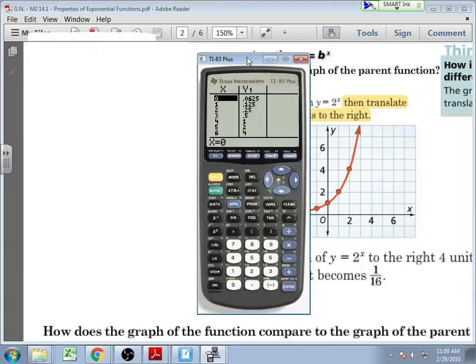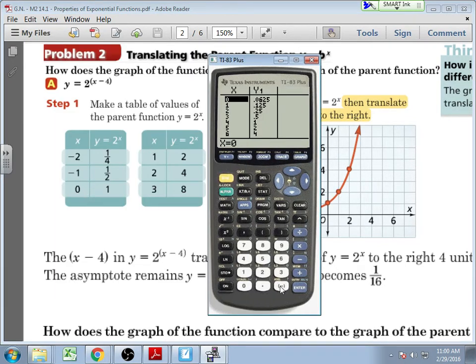Now I want to find values to go with -2, -1, 0. You should be doing this with me because it's not done on your paper. And then 1, 2, 3, and I can just clear out this last one.